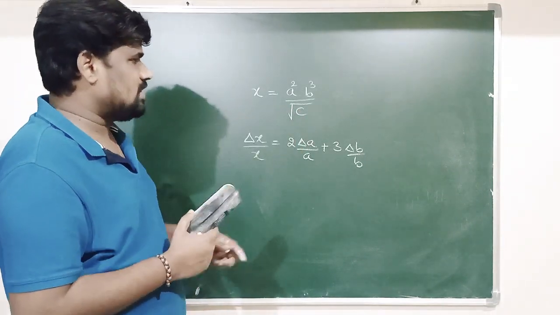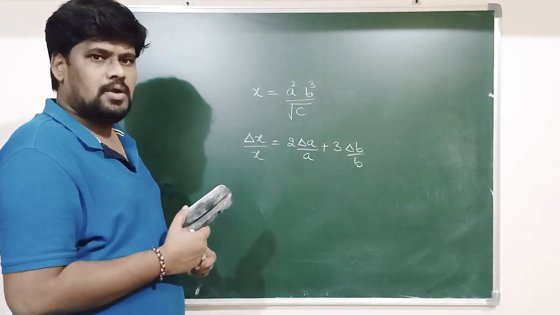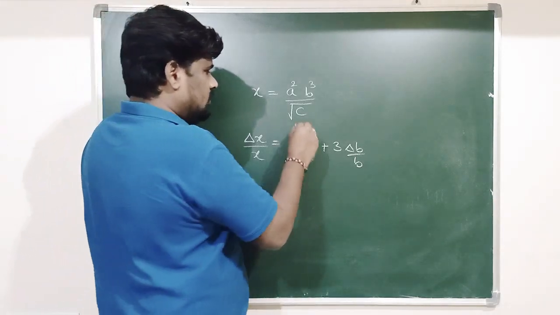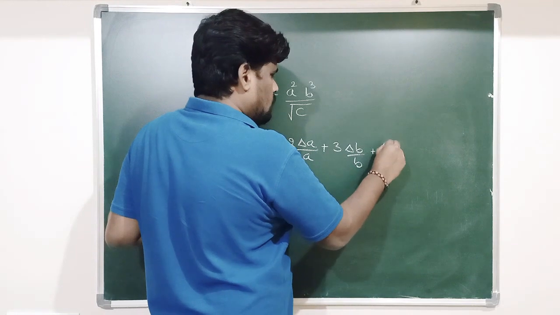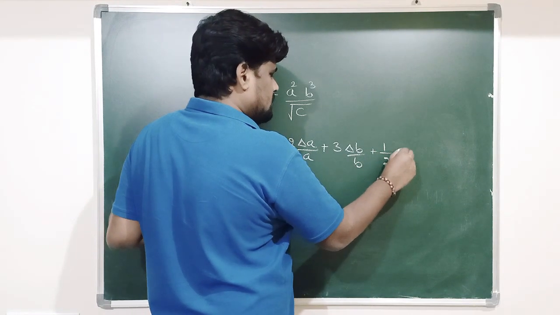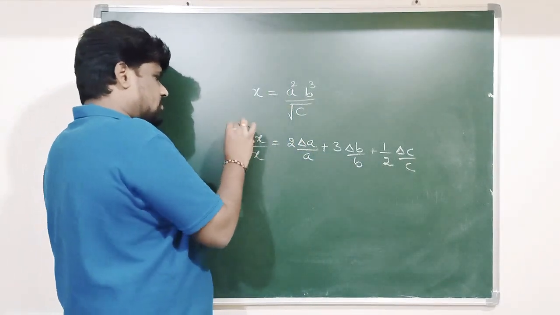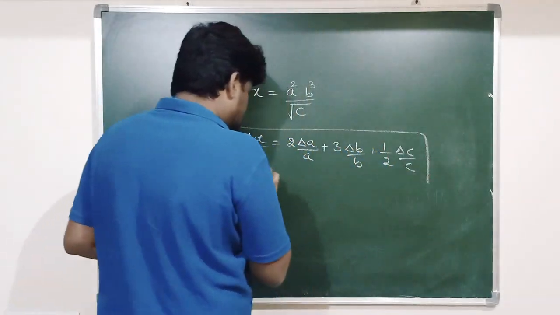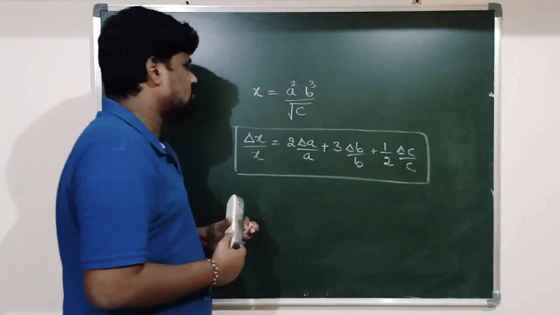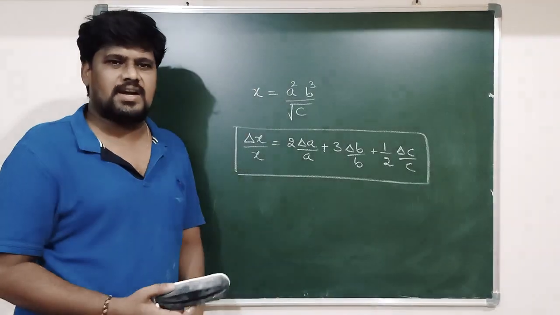So root C can be written as C to the power 1 by 2. Therefore, the error in C is given by 1 by 2 times delta C by C. So this is the formula which is used to estimate error in the measurement of a physical quantity called X.